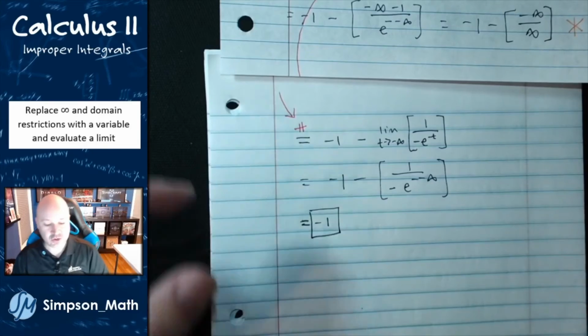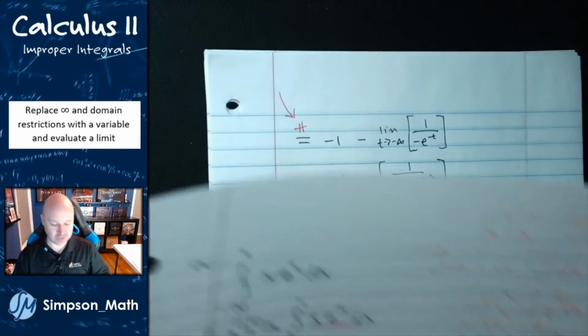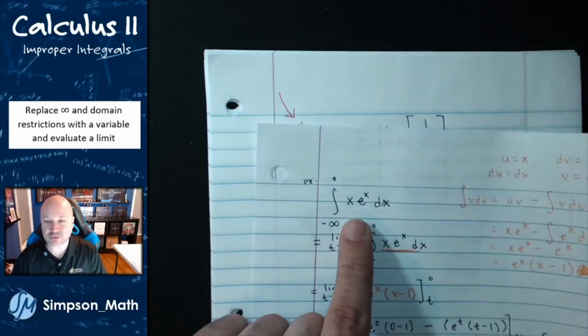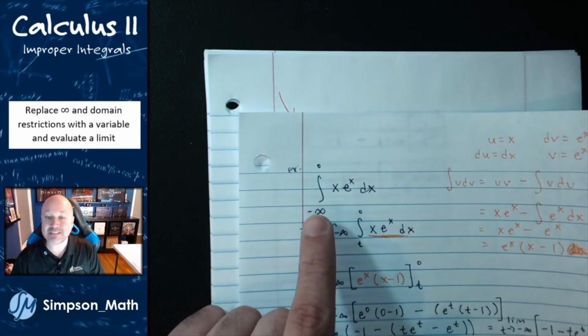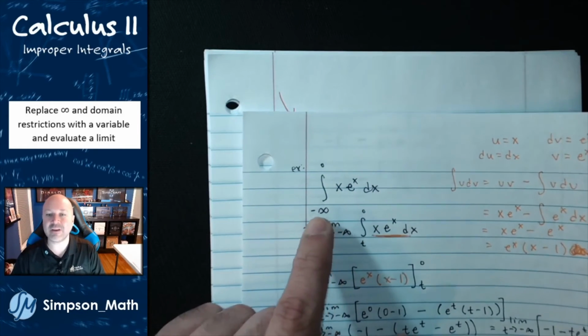I've forgotten what we were even doing. I'm going to go back to my original question. My original question was to take this function and integrate it and basically calculate the area from negative infinity up to 0.